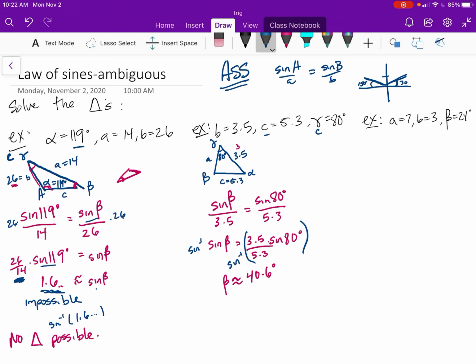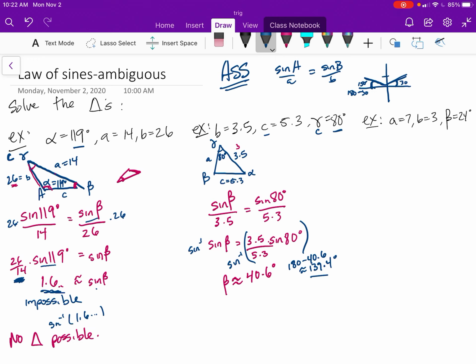Now, how do I know that? Because 30 is the reference angle. So what did we do? We did 180 minus 30. So when you check these, I have to check, is 180 minus 40.6 another possible angle? Well, that would be about 139.4 degrees. And because gamma was 80, that's impossible.